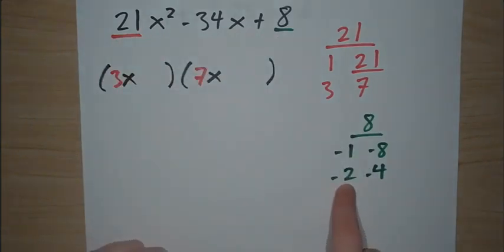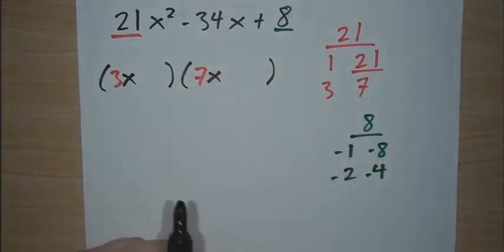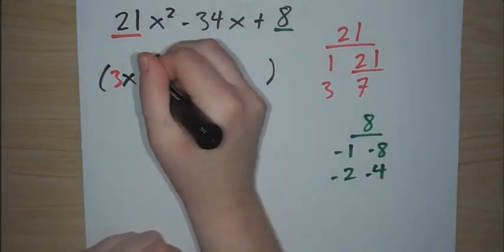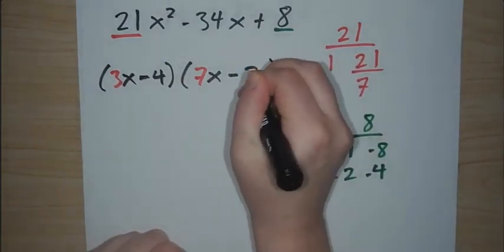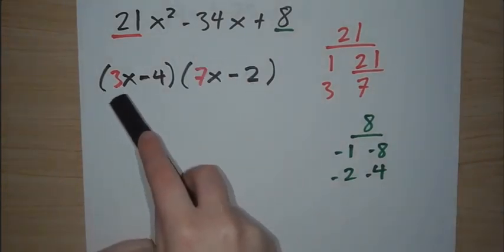However, if we do 3x minus 2 and 7x minus 4, we still won't get what we want. But if we do 3x minus 4 and 7x minus 2, we will actually get this negative 34 once we add.